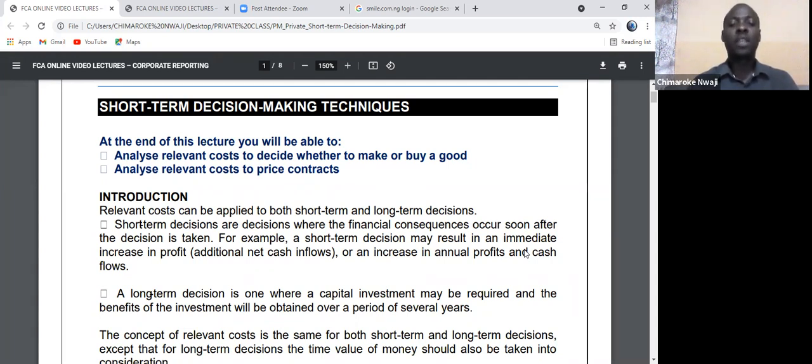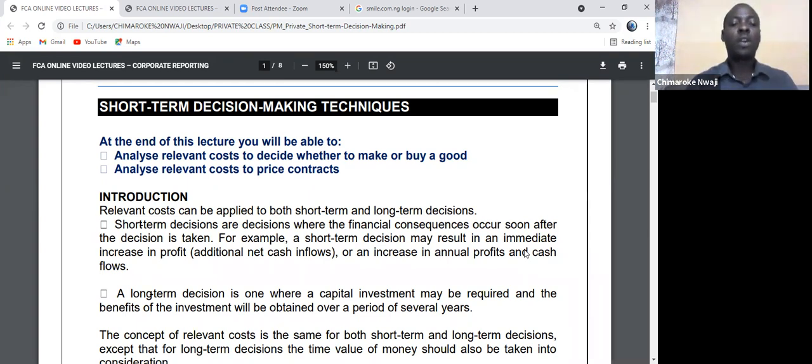For example, a short-term decision may result in an increase in profit, or an additional net cash inflow to increase the cash flow of your organization. It could lead to an increase in profit for that month or for that year. So anything where the consequences of the decision are for just a year or so is called a short-term decision.